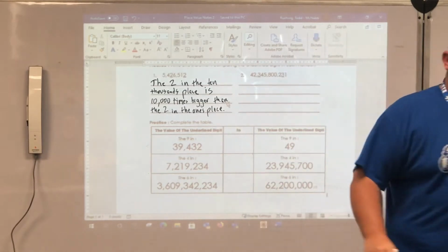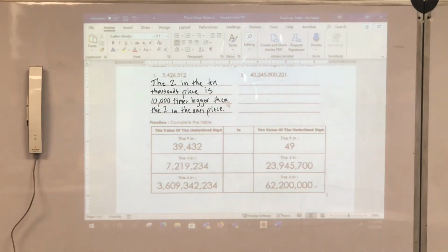Okay? The 2 in the 10,000s place is 10,000 times bigger than the 2 in the ones place.